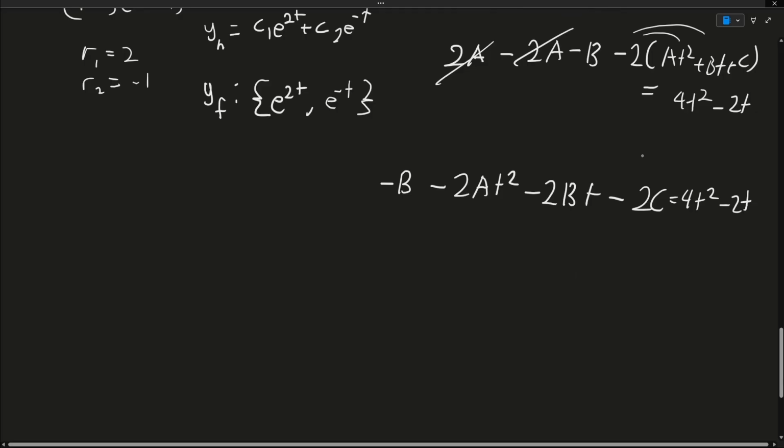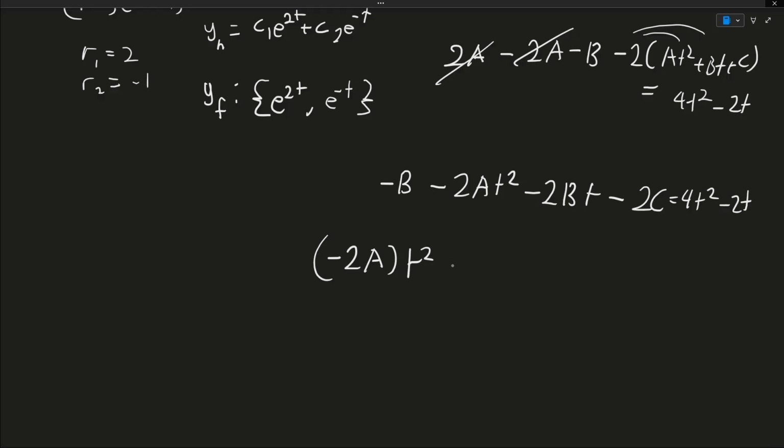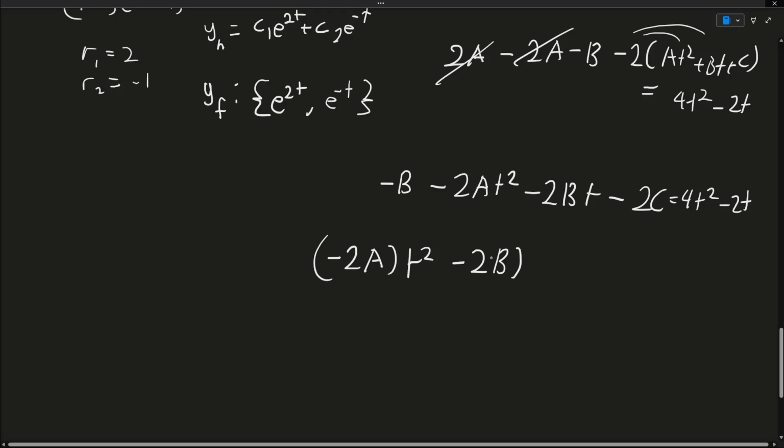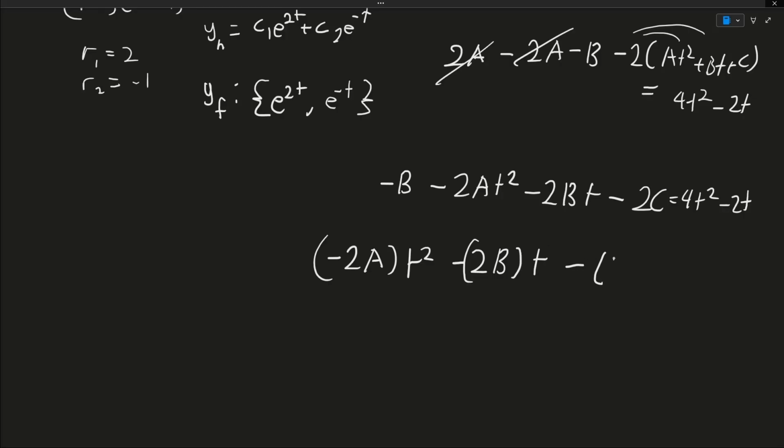So let's gather like terms together. So we will have minus 2a times t squared minus 2b times t. Actually, let's do it like this. Okay. And minus b plus 2c.